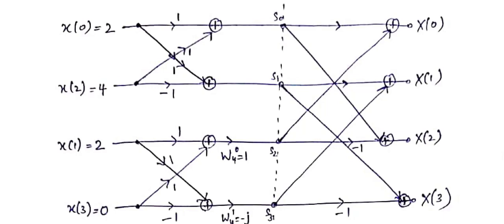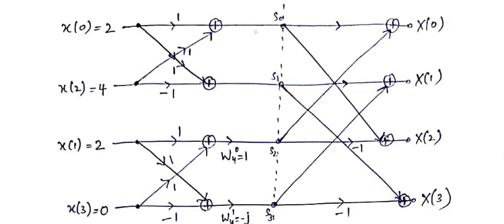Also in this we have involved the properties of the twiddle factor, that is periodicity and symmetry. That's why instead of 4 values we are using 2 values, and for the other 2 values we are keeping a minus 1 sign. So you have W4 0 equal to 1 and W4 1 equal to minus j. This is how we implement.